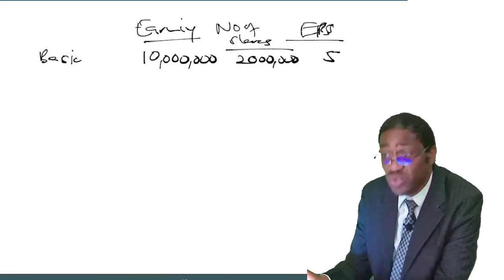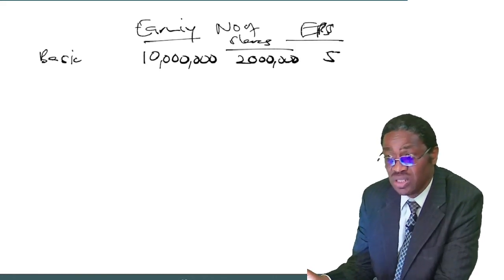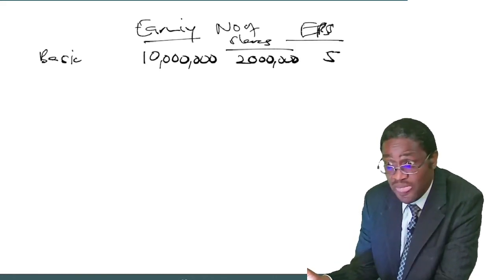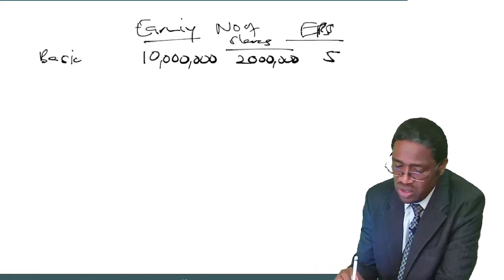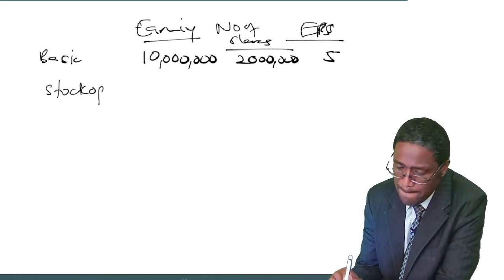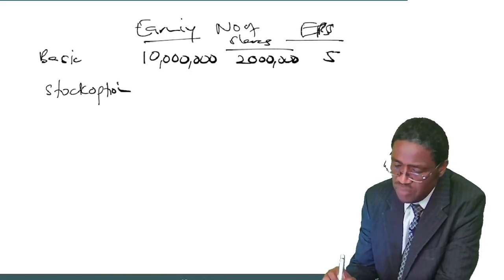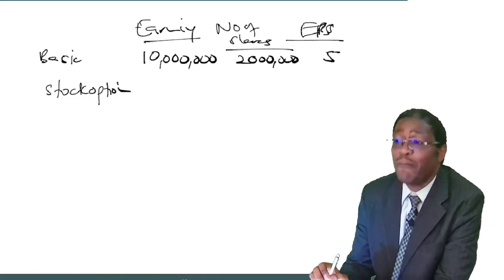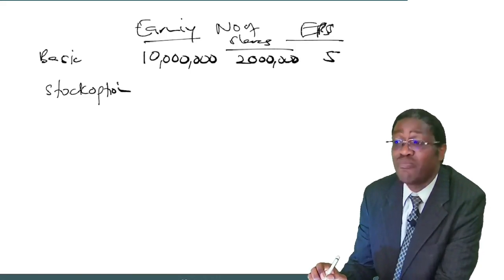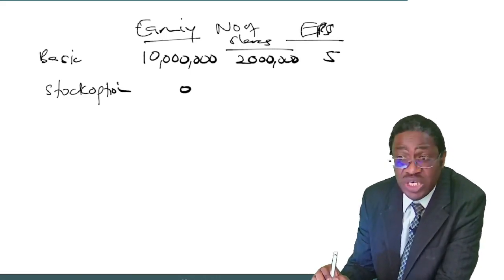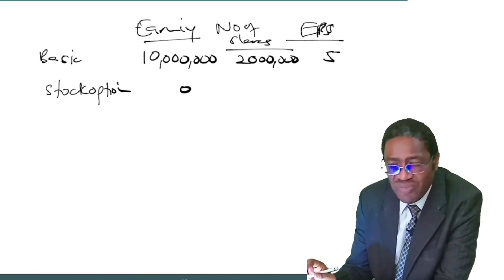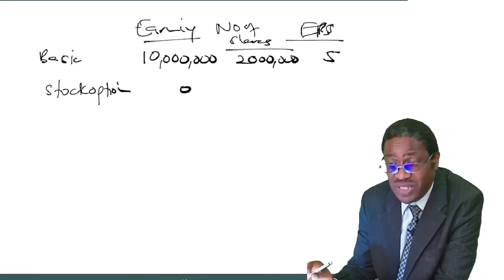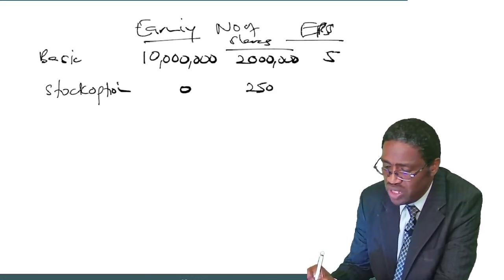Now start diluting it using the potential ordinary shares. Starting with which one? The most dilutive. Which one? Stock option. That is what we saw. If the employees exercised their right and bought, our earnings will still not change. That's what we have agreed. Then we have said, out of the 1 million shares that will be issued, 250,000 of them are considered to be bonus.